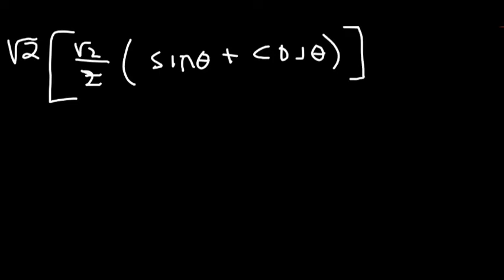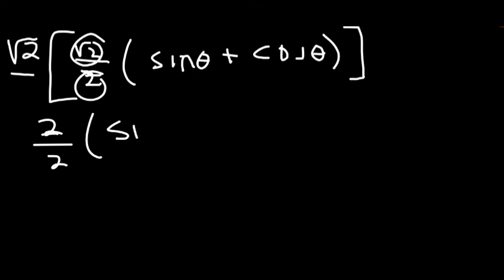Now root of 2 times this root of 2 is the same as root of 4, and root of 4 is equal to 2. So this is 2 divided by this 2, then multiplied by sine theta plus cos theta. So this we can divide, it's 1.